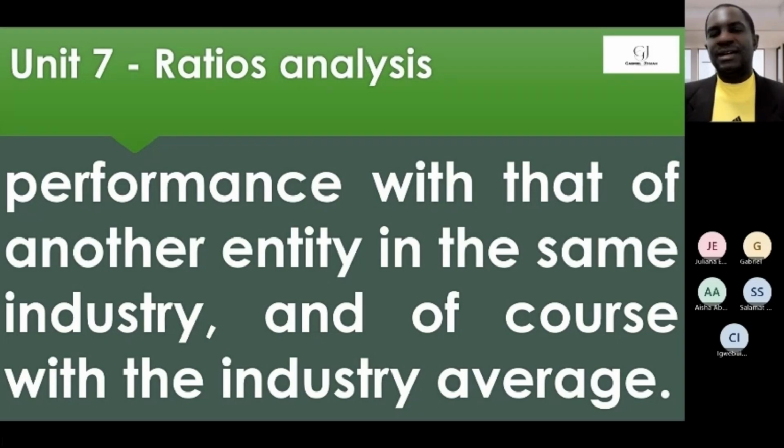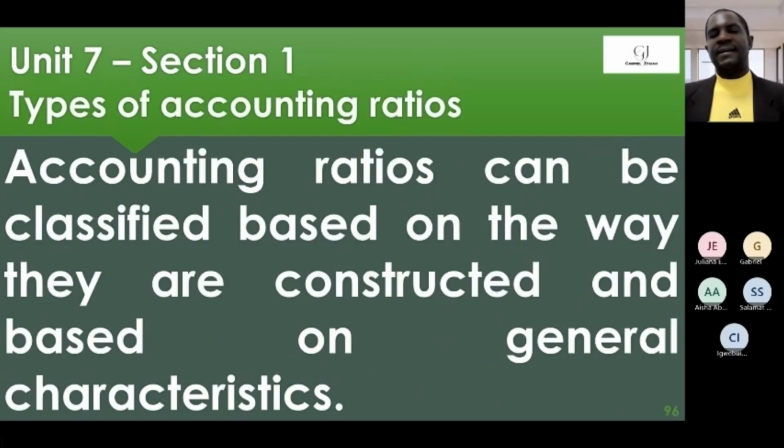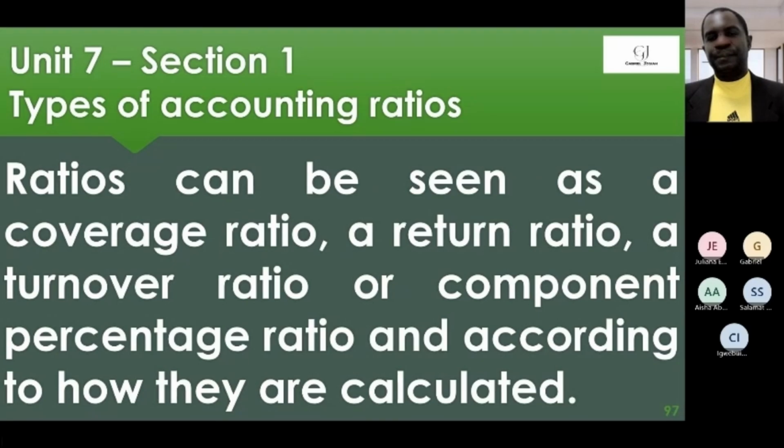So if an Oceanic Bank is doing lower than that percentage that Zenith and GT is doing, then you know the bank is underperforming based on that industry average. So that's part of what ratio analysis enables us to analyze. Accounting ratios also are classified based on these constructed and general characteristics.